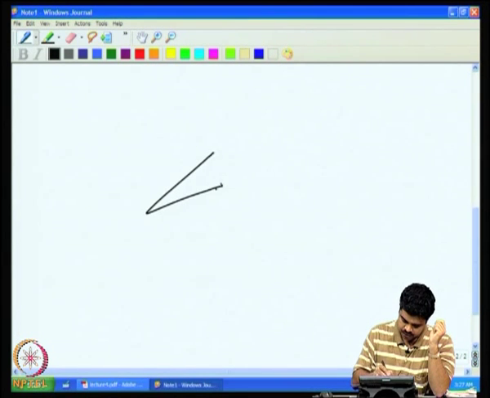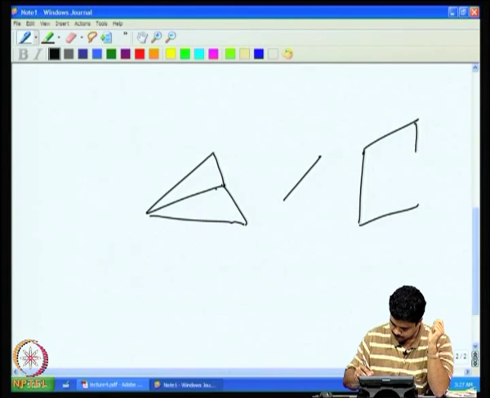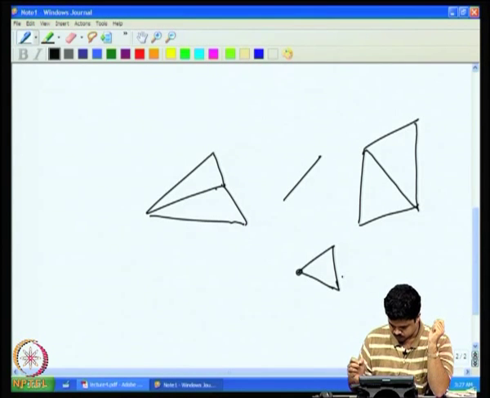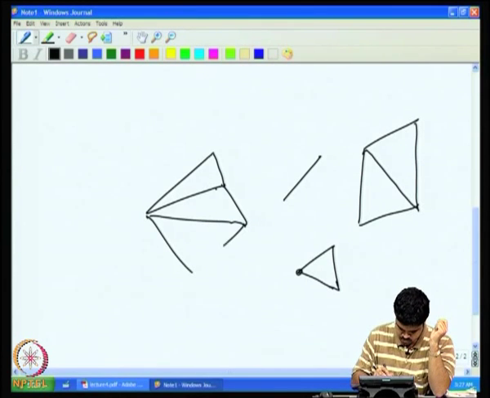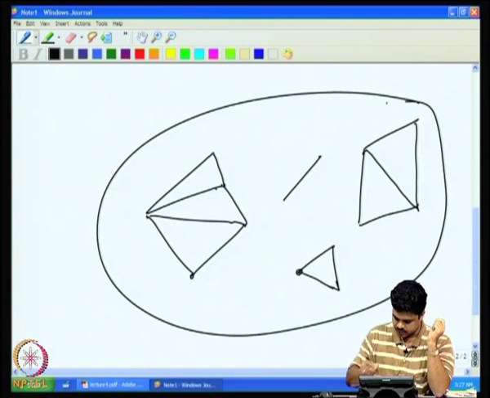You can consider this graph, and this together is a graph.